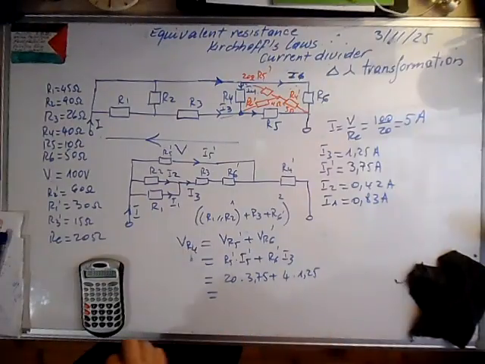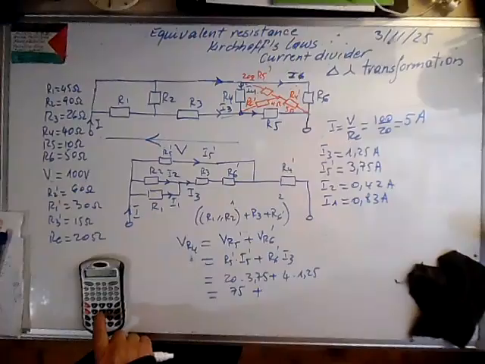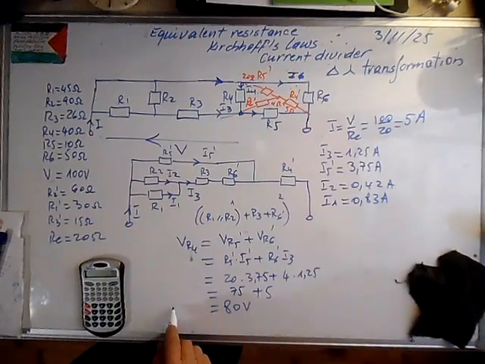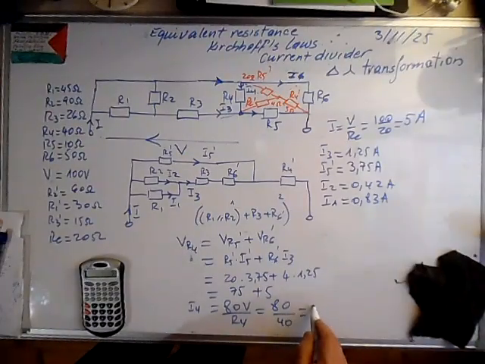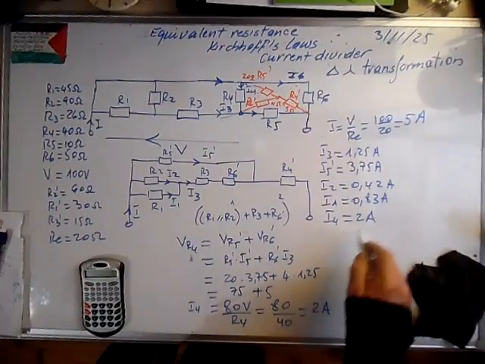So it means 20 times 3.75, this is 75 volts, plus 1.25 multiplied by 4, this is 5, so it means it's 80 volts. R4 times I4, we can calculate I4, so it's 80 over R4, which is 40, so it means it's 2 amps. We write down I4 is 2 amps.